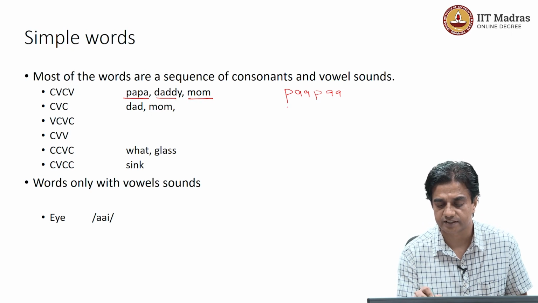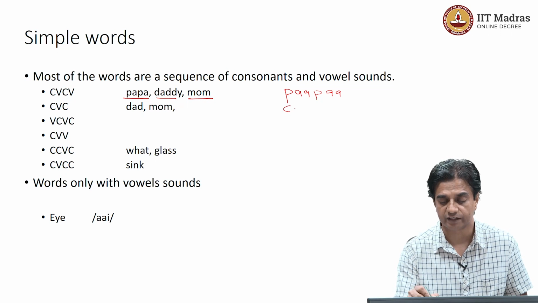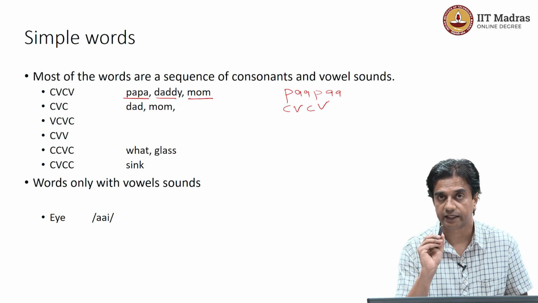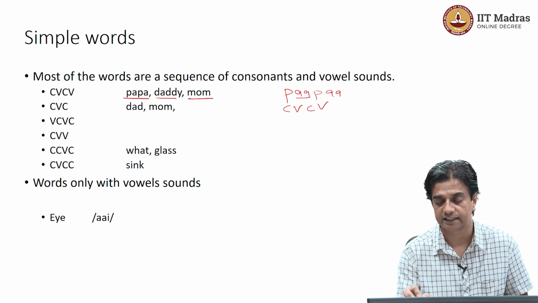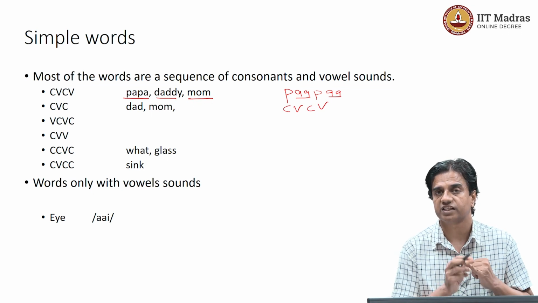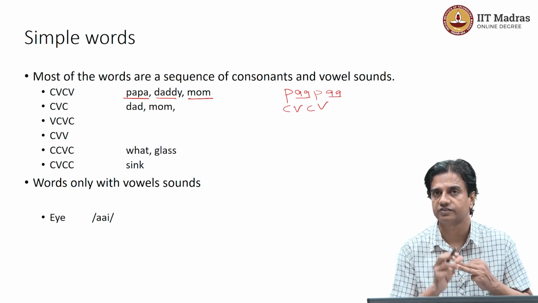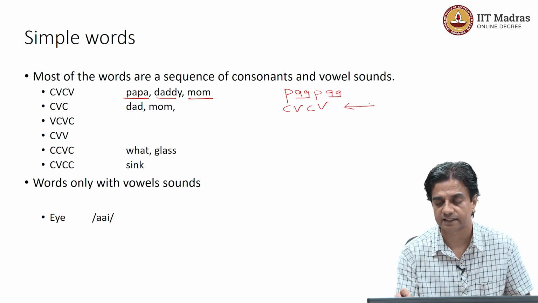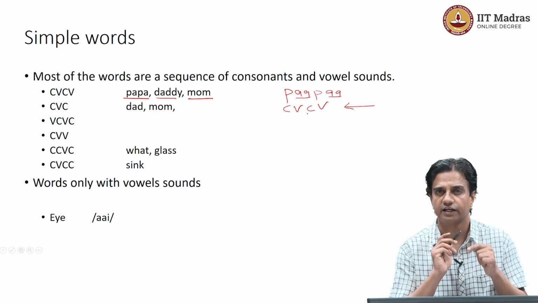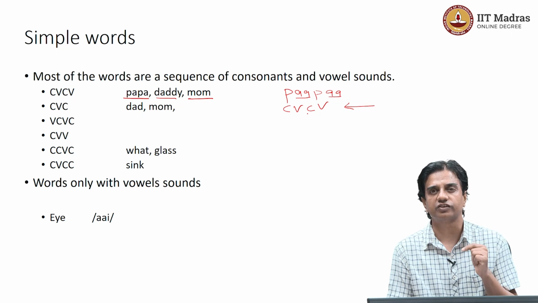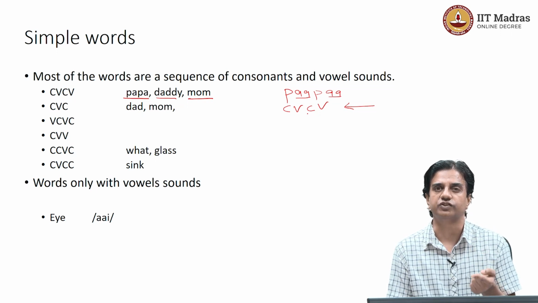If we have to identify them, we identify them as consonant, vowel, consonant, vowel. Keep in mind, this a is an example of a long vowel. So, pa consonant, a long vowel, another pa consonant, a long vowel. So, this word has the pattern CV, CV, that is consonant, vowel, consonant, vowel. A simple alternation of consonant and vowel gives you this word.